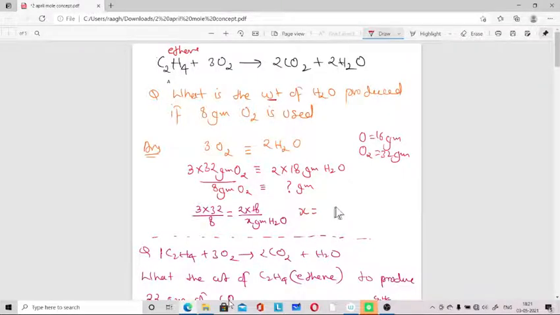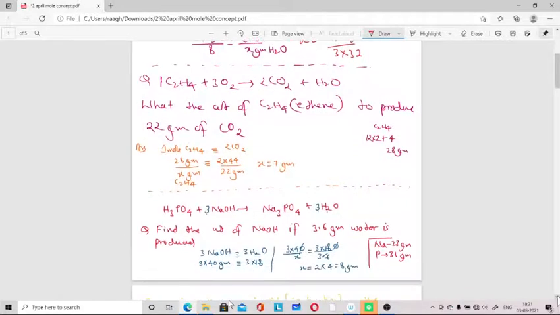So that will be 16 into 18 divided by 3 into 32. Calculation is not important here. What is important is how to solve the chemical reaction based numericals.